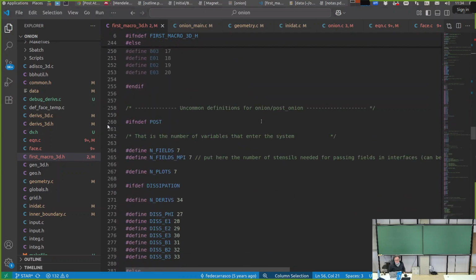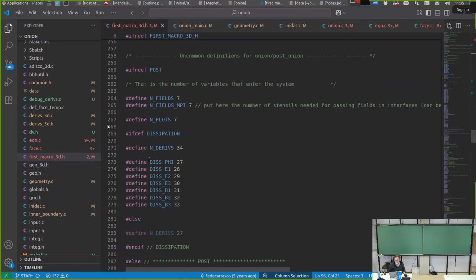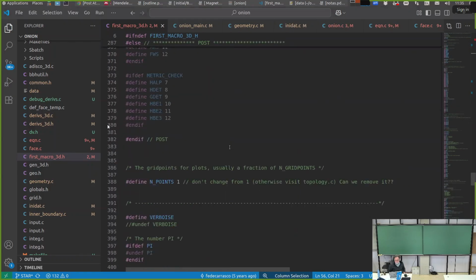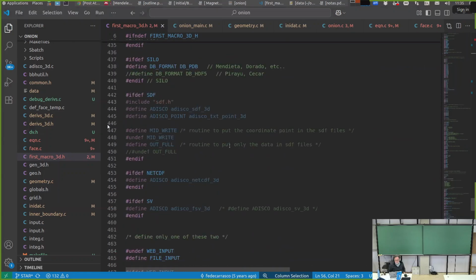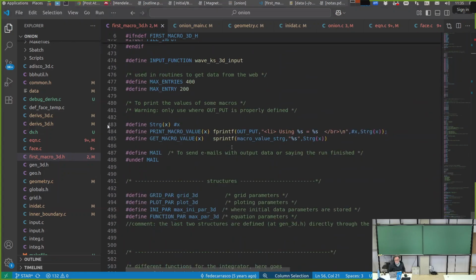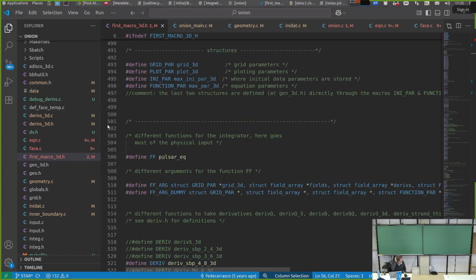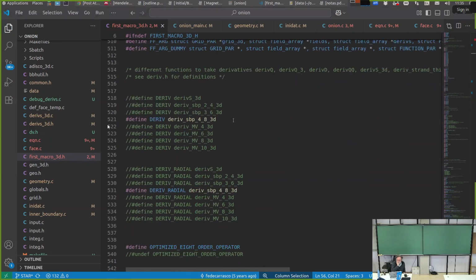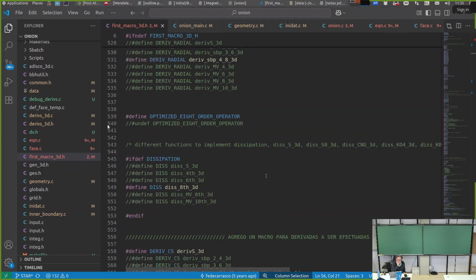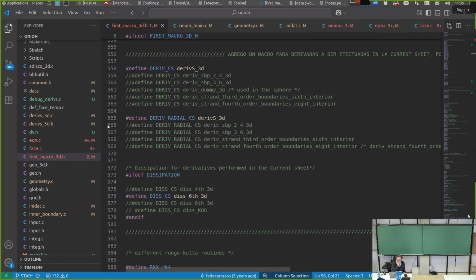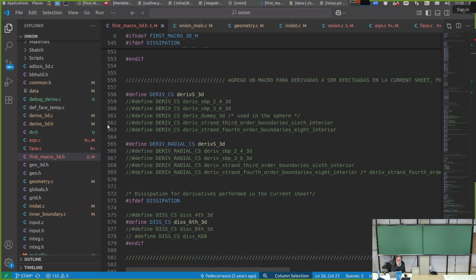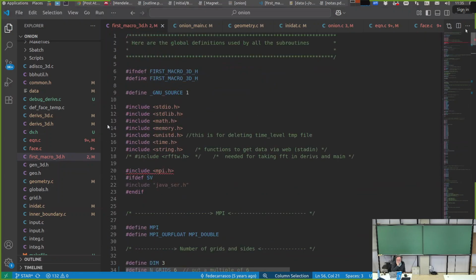You can choose your finite difference operator, your dissipation, many choices you have. Once you define all of these, you define the equations, the derivative operators and so on, the Runge-Kutta time integrator. So all of this is defined at the time of compilation.